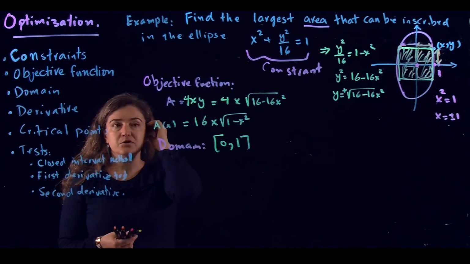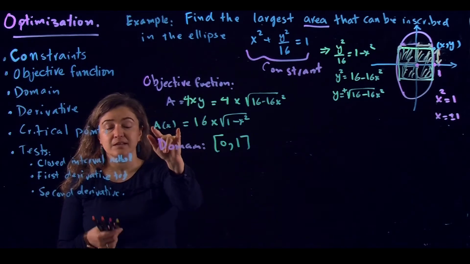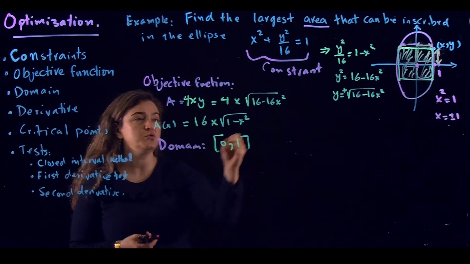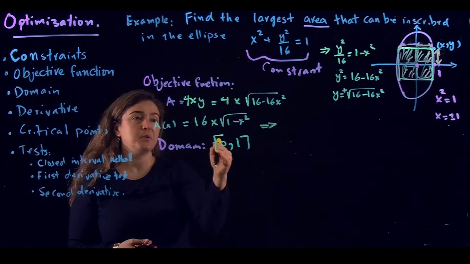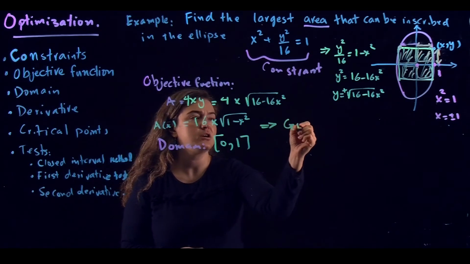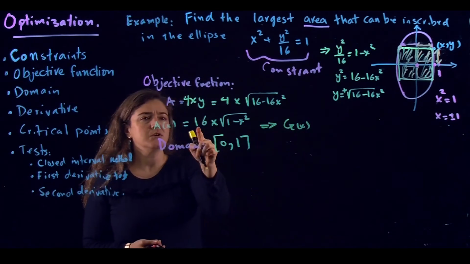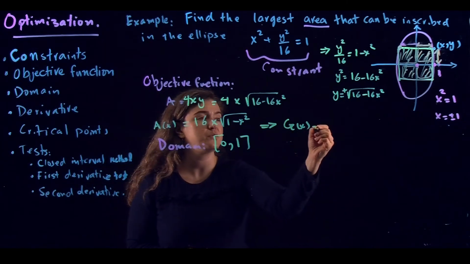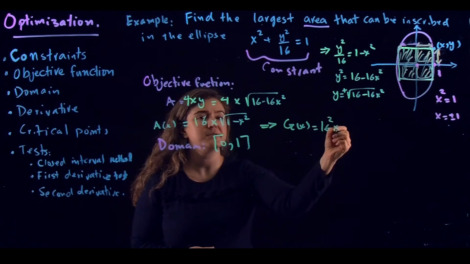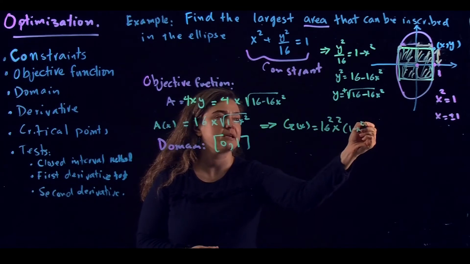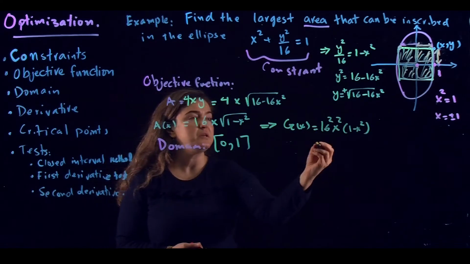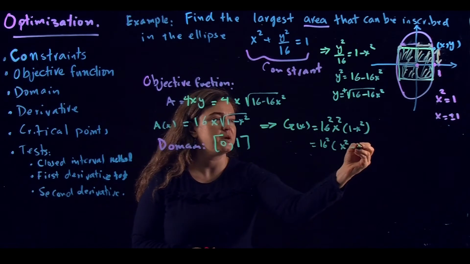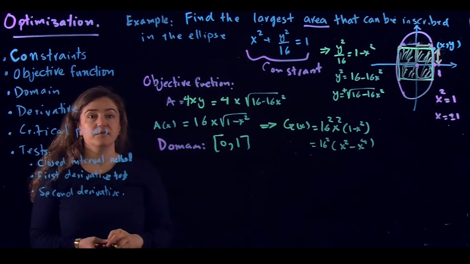So instead of having A of x as the objective function, I switch to A of x to power 2, and I call it g of x. And so g of x is the entire area to power 2. So it's 16 squared times x squared times 1 minus x squared. Rewriting it, it is 16 squared times x squared minus x to the power 4.